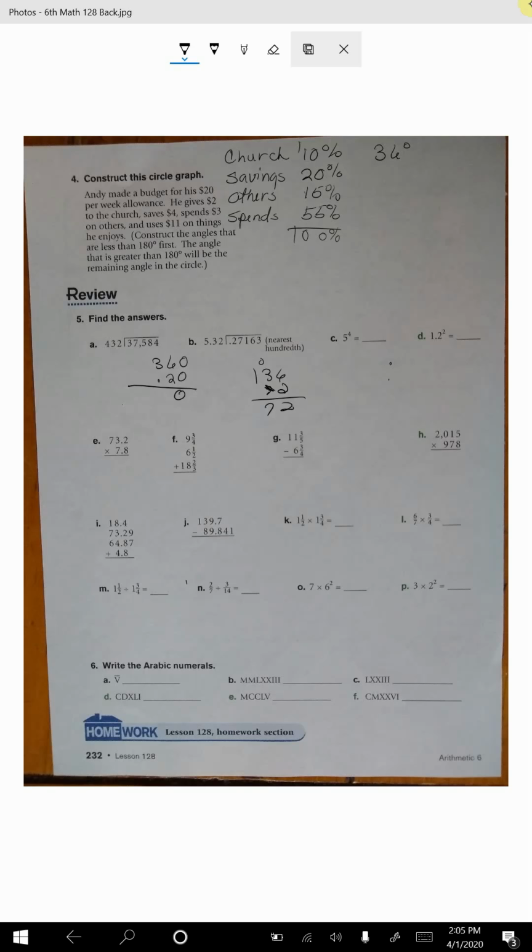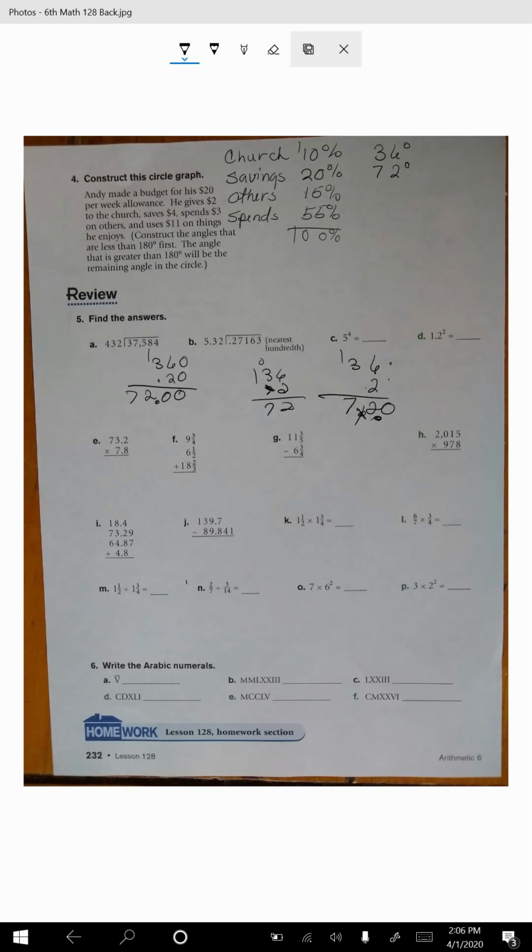That would all be zeros. Or you could use our little trick, get rid of that 0, get rid of that 0. Put this 0 back in. This 0 didn't make a difference. Put the decimal in right here. And you get 72. Either way, you get 72 every time. Whichever way you want to do it.